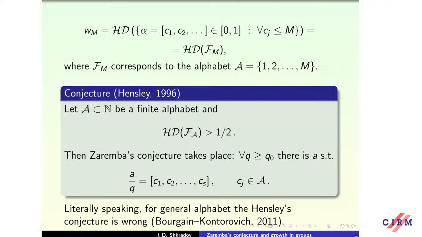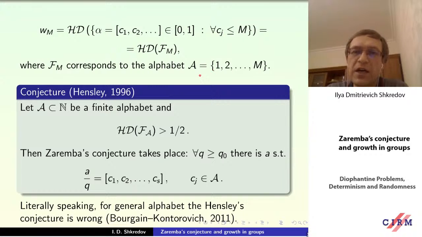So Hensley considered a slightly more general situation. He treated this alpha like infinite words, where a_j belongs to a certain alphabet. In this case, the alphabet is just the numbers from 1 to M. And he asked the following question: suppose that we have a finite set A, our alphabet, and suppose that the Hausdorff dimension of the corresponding Cantor set is greater than 1/2.